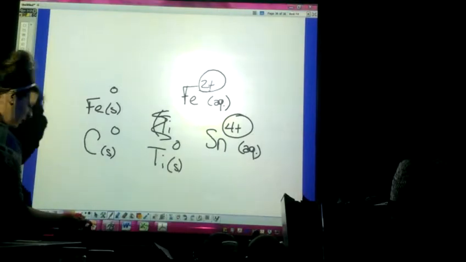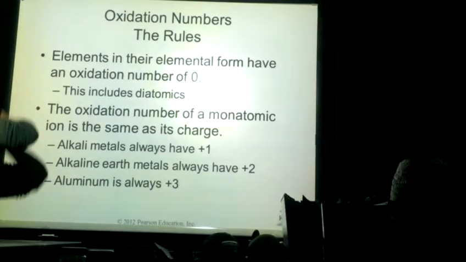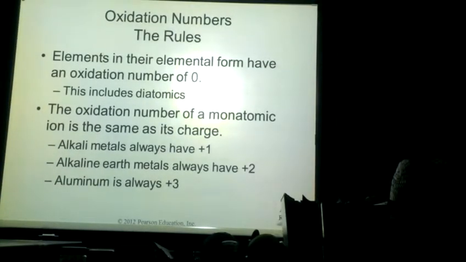Now, oh, we forgot that too, it includes diatomics. So any diatomic that you will see by itself, not when they're bonded with anything else, but when you see it all by itself, then oxidation number 0, and that includes diatomics.